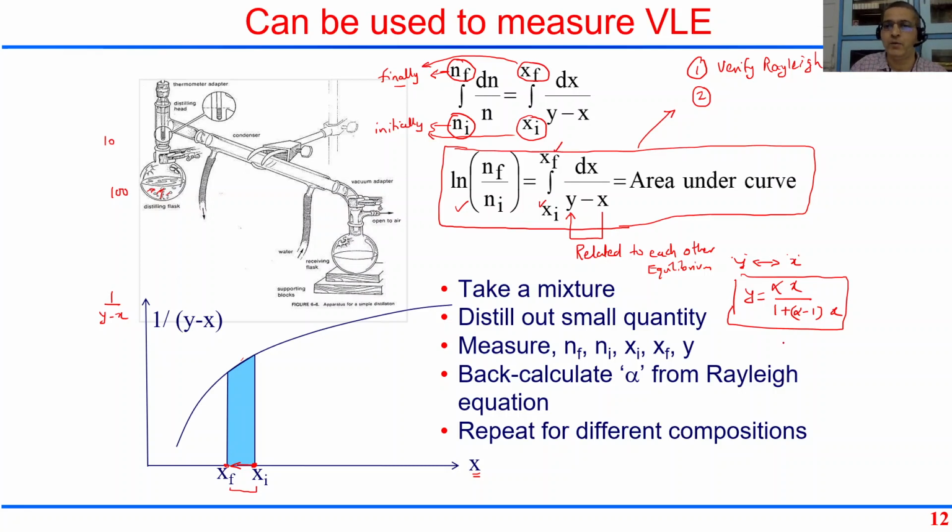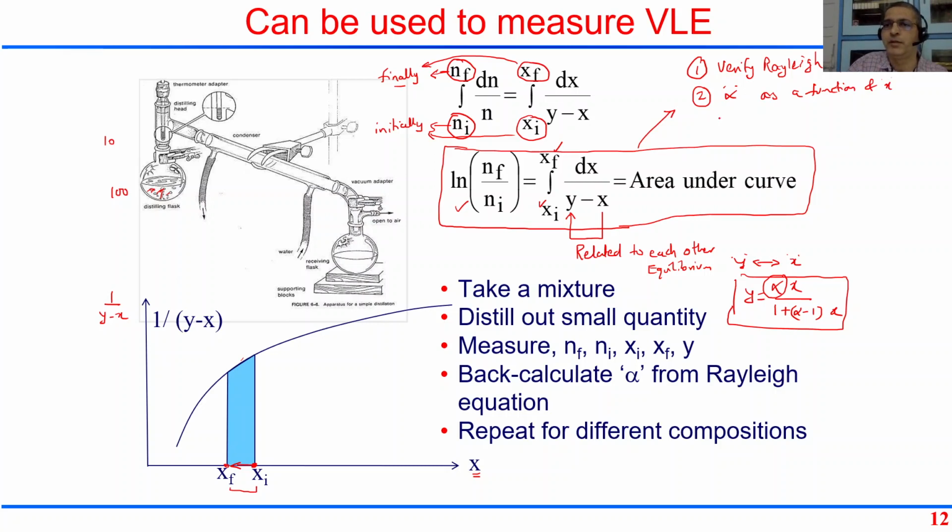Now we could back calculate what should be the value of alpha over this range of xi to xf. And now I can do this repeatedly. So start with 100, distill out 10 moles, find xi xf. Now start with the remaining 90, distill out 10, find out what is the xi xf. We can find out alpha as a function of x.